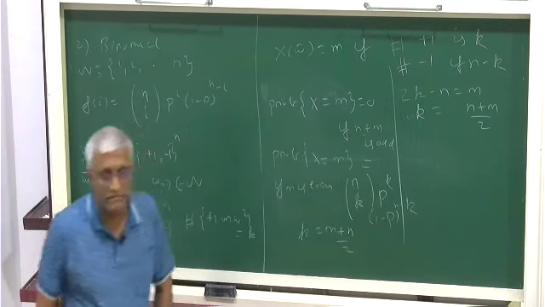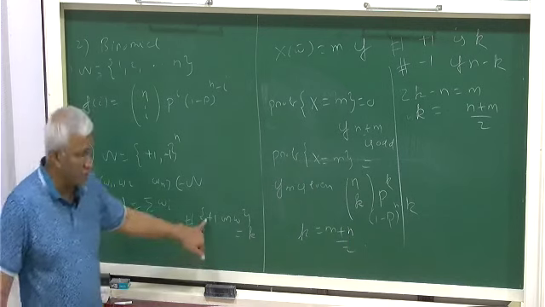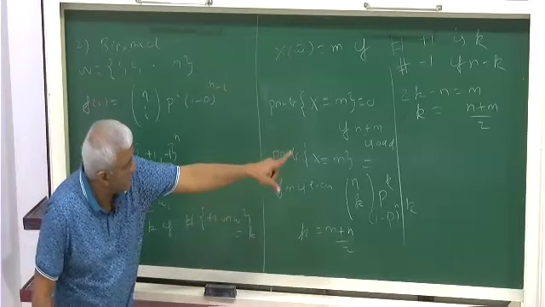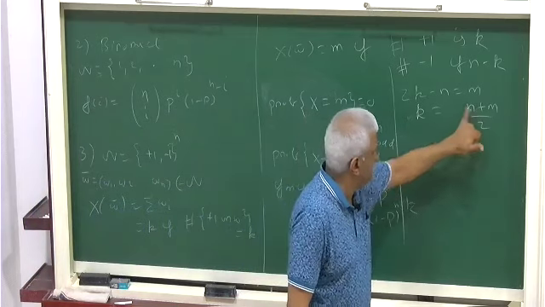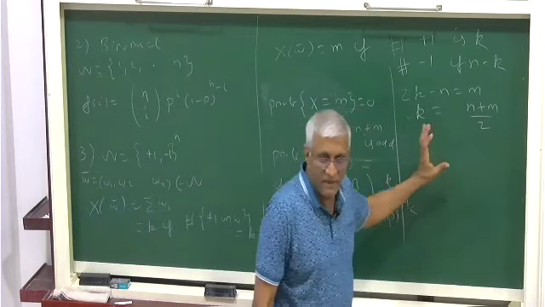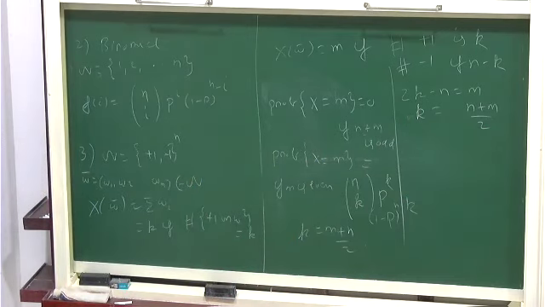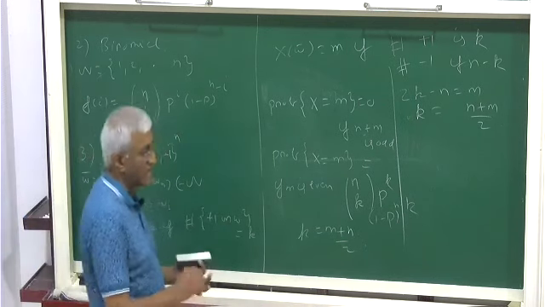This is the number of steps which are +1, then n minus k will be the -1s. Unless n plus m is even, this k is not an integer, so it's possible only when n plus m is even. If n is odd, m should be odd. So we got the condition. Anyway, you work it out. Someone worked it out. I don't know if it matches with the answer.